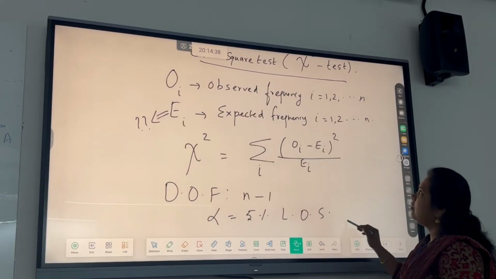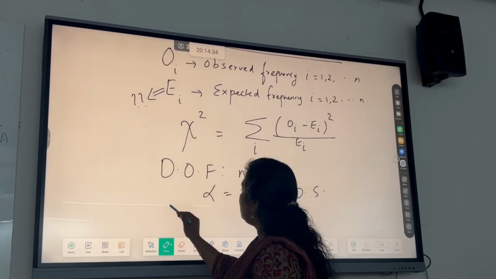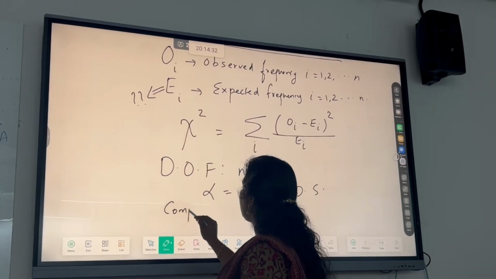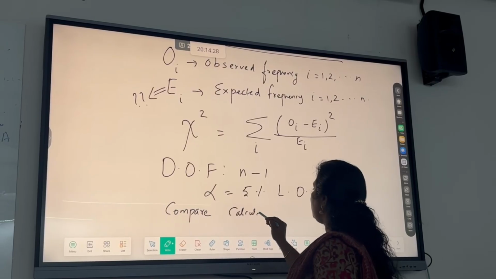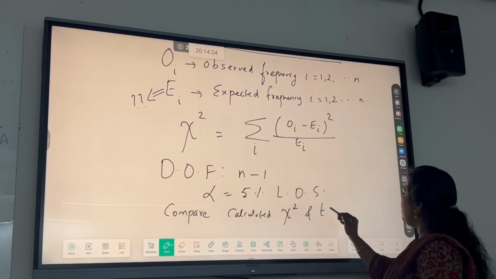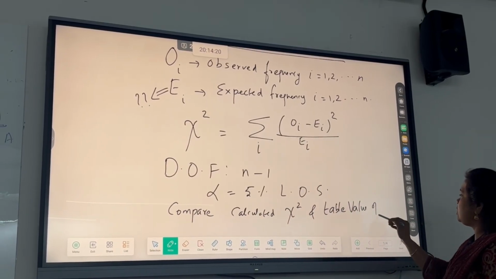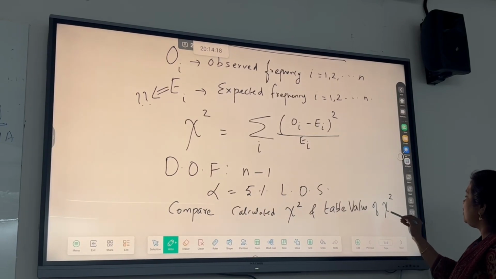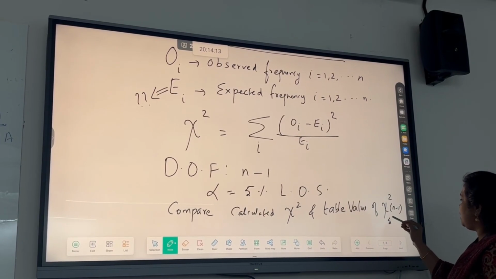So we have to compare the calculated chi-square and the table value of chi-square at n minus 1 degrees of freedom with 5%.